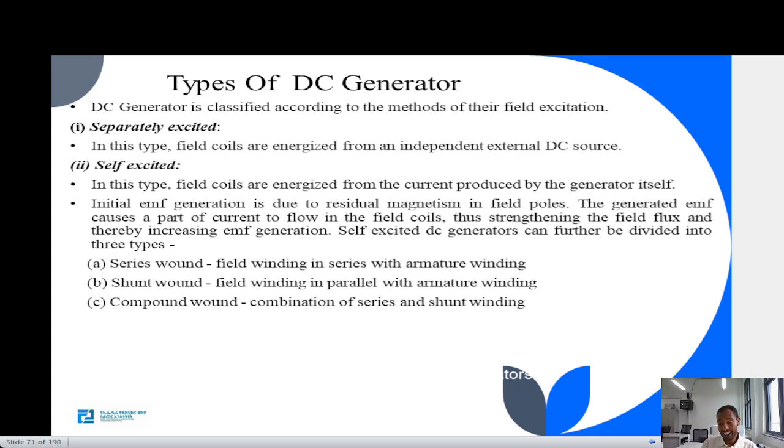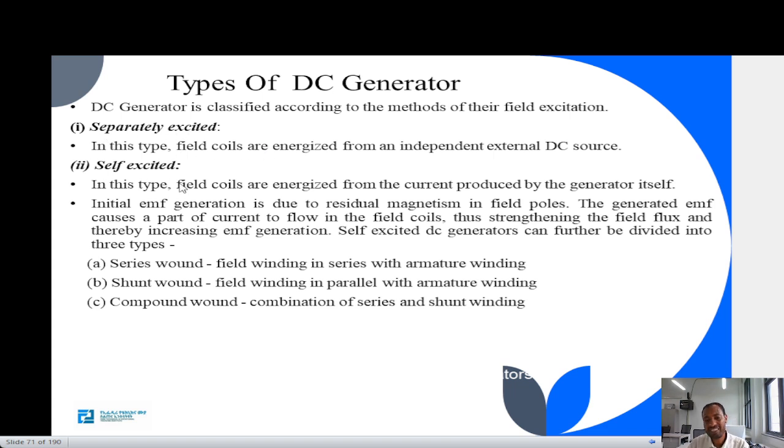Now, based on the excitation, DC generators can be classified into separately excited and self-excited. When we say separately excited, the field coils are energized from an independent external source. We need two different supplies. That is why it is called separately excited.